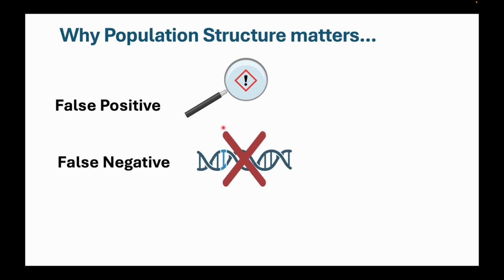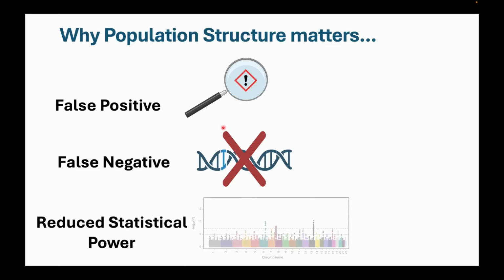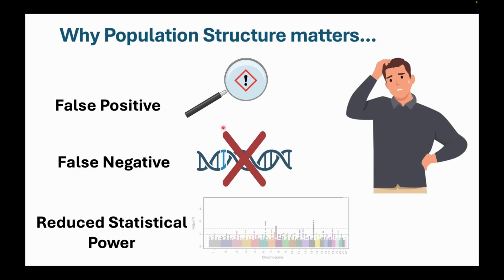Second, structure can mask true associations because the model may not be able to distinguish between the background variations and the true genetic variant. And finally, structure can reduce the statistical power of your model, and this could make it very difficult to detect the true variant. And so these scenarios give a lot of problems for researchers and breeders.